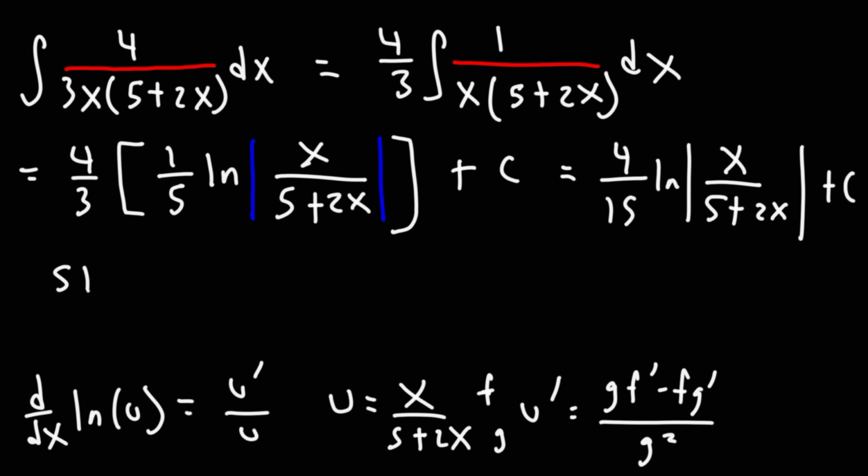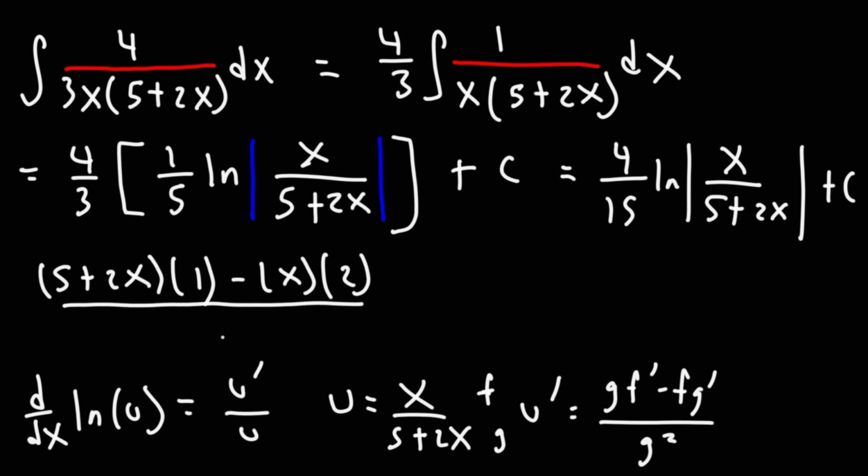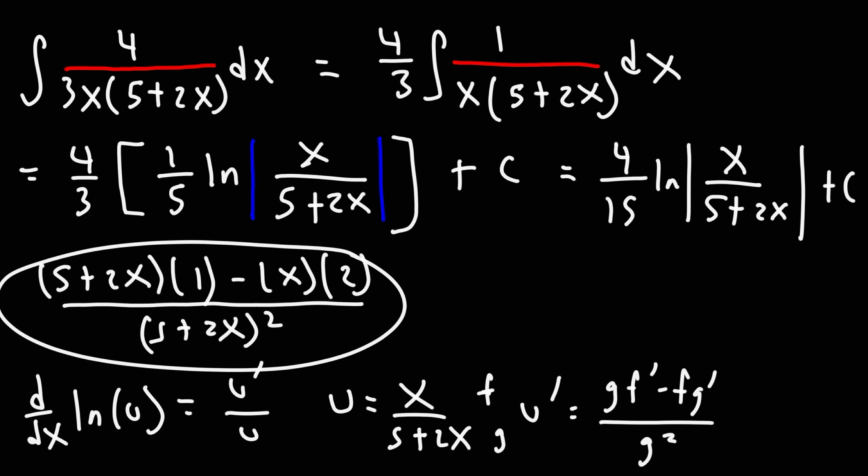So g is 5 plus 2x, f is x so f prime is 1, minus f, which is x, times g prime. The derivative of 5 plus 2x is 2. And then it's all over g squared, and g squared is 5 plus 2x squared. So all of this is u prime.